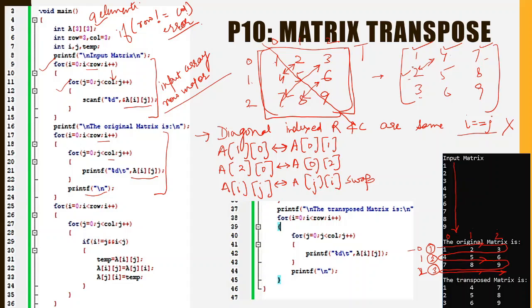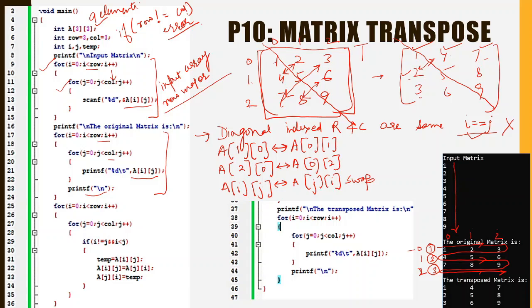So this would be a repetitive interchange of the same elements. So what is required is one more condition, where you do either the upper triangular interchange or the lower triangular interchange.